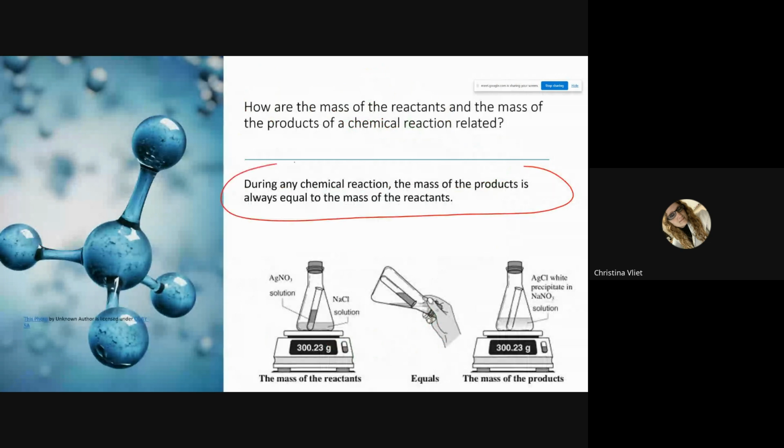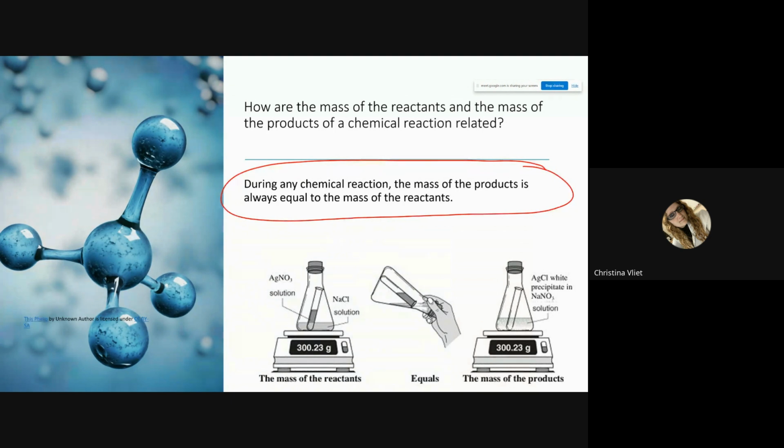In any chemical reaction, it's important to note that law of conservation of mass must be obeyed. What does this mean? In a chemical reaction, you don't get something from nothing, and you don't turn something into nothing. The amount that you start with will be the amount that you end with.